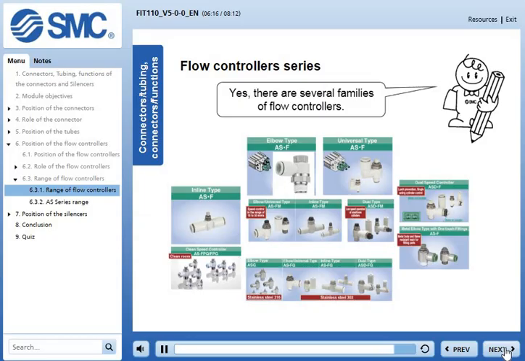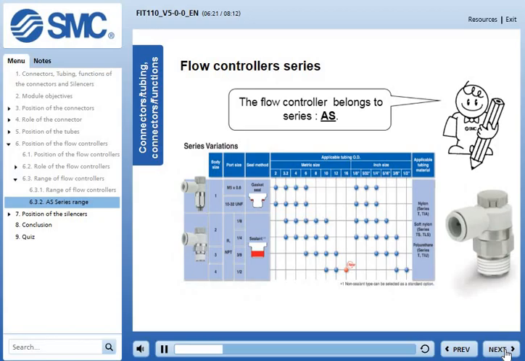All these models can be found in the Connectors and Tubes catalogue. The flow controller belongs to the AS series, which offers a wide variety of tubing diameter for many port sizes.